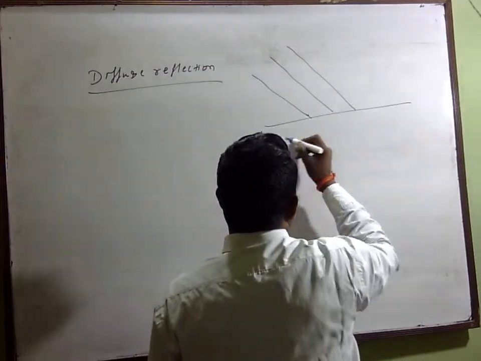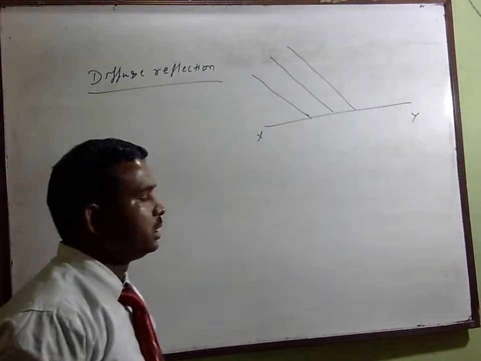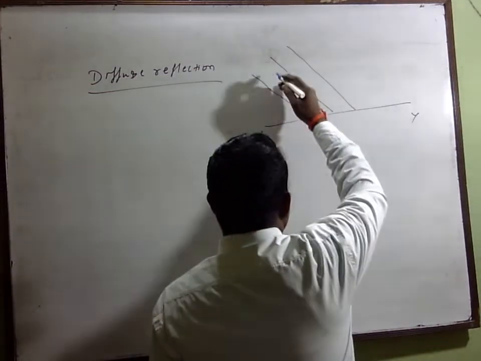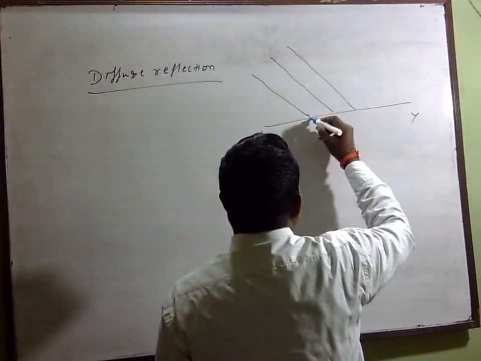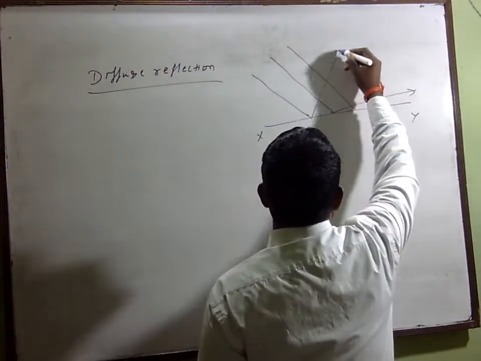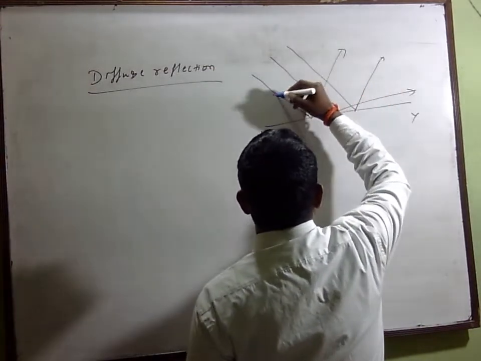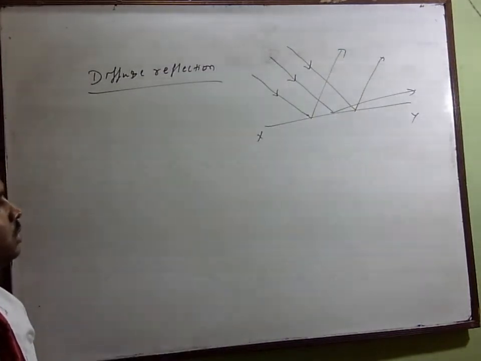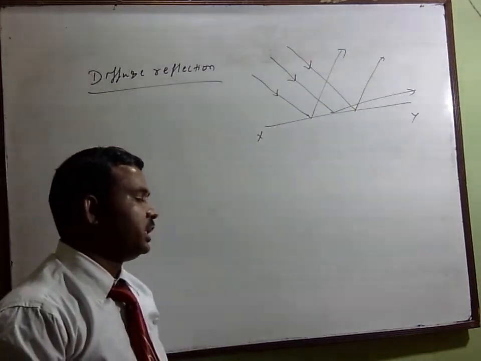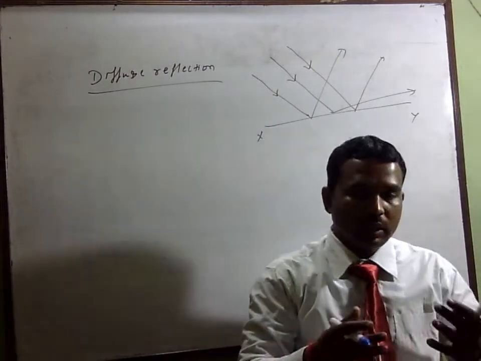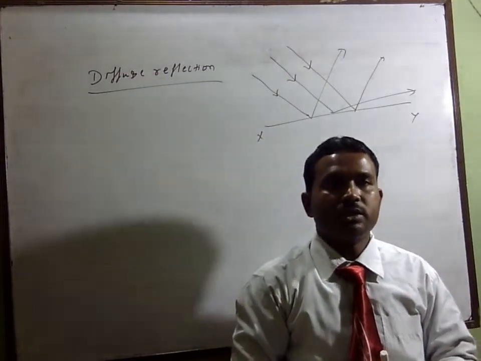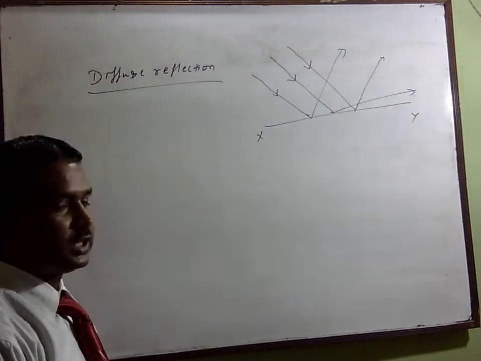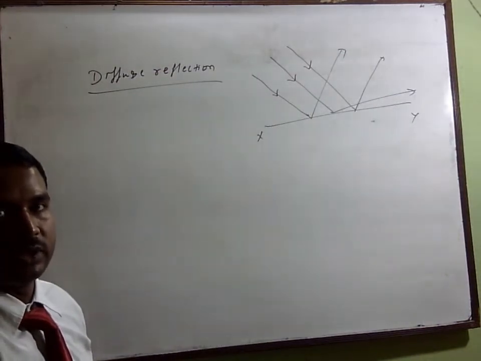Suppose this is the wall surface, anything you can assume, X and Y. The light is coming parallel, but you can see that the rays of light are not regular. You can see this one. And such type of bouncing, in discrete manner, means the light will bounce in all possible directions.